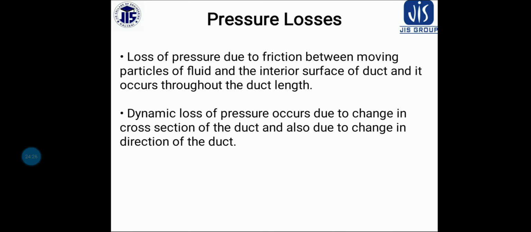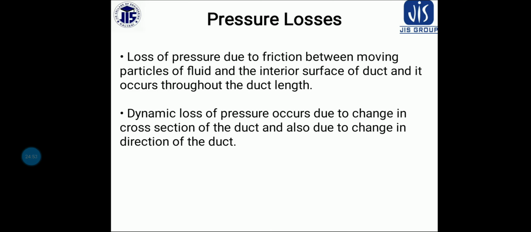When the loss of pressure occurs in a straight duct, it is usually termed friction loss. When the pressure is lost dynamically at a change of direction, such as in bends, elbows, etc., and at changes of cross section of the duct, the pressure loss is usually termed dynamic loss.